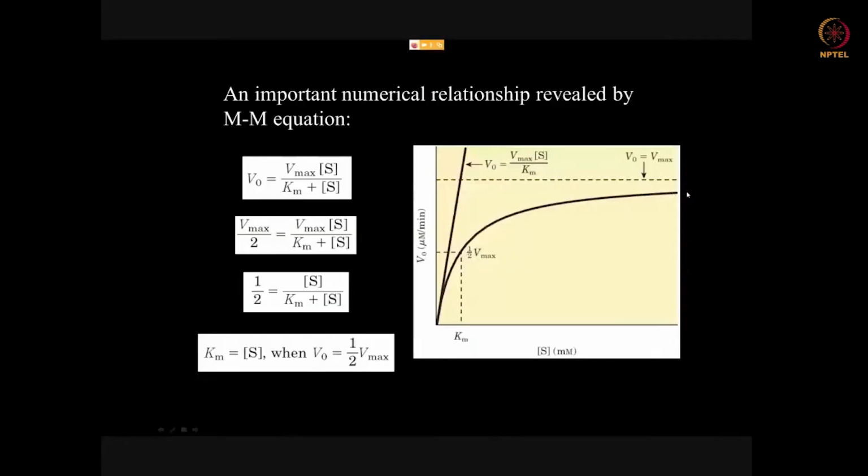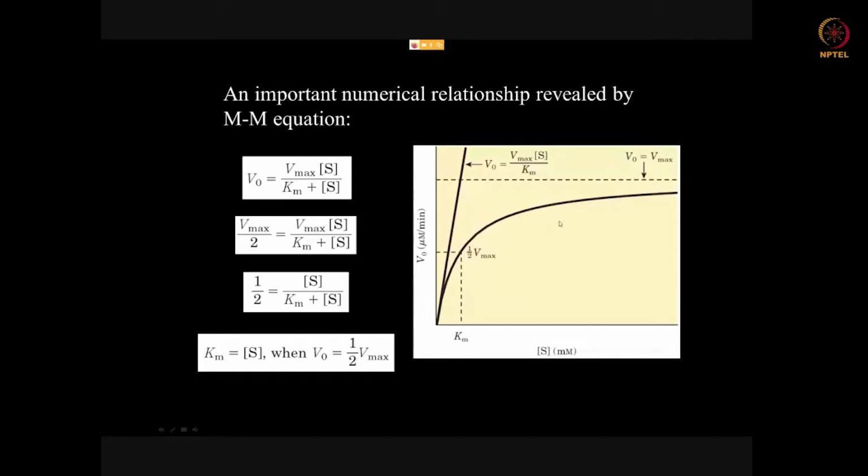And if you don't have Km, then these two S cancel, then V0 equals Vmax, and these two being constant, it is going to remain the same. So now velocity is no longer a function of the substrate, because that does not figure in the equation anymore. So at least in this graph for a simple enzyme, this Michaelis-Menten equation holds well.